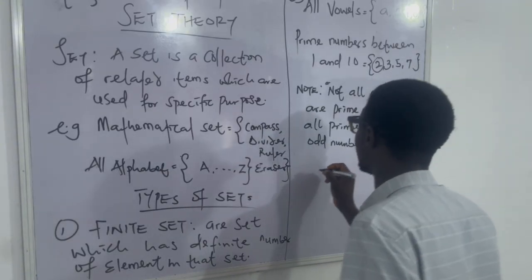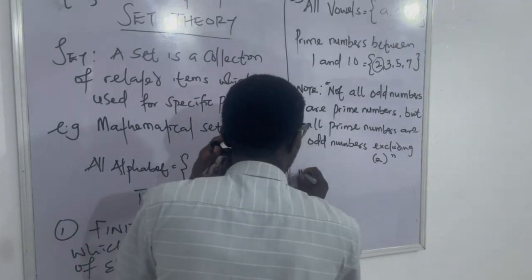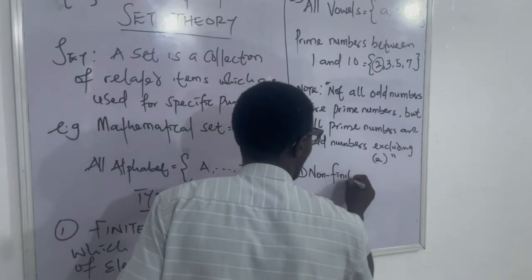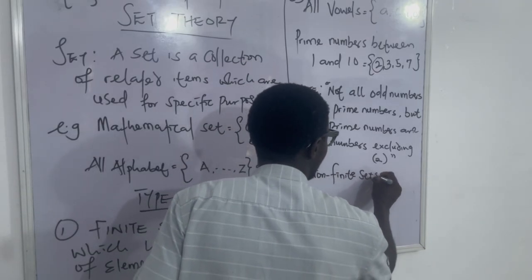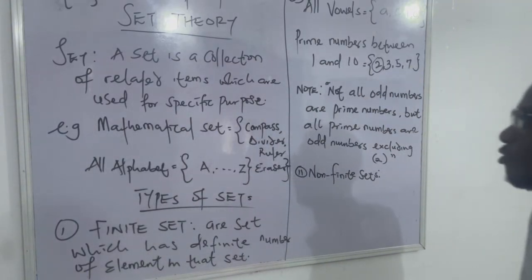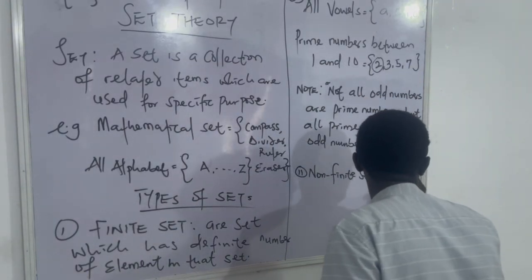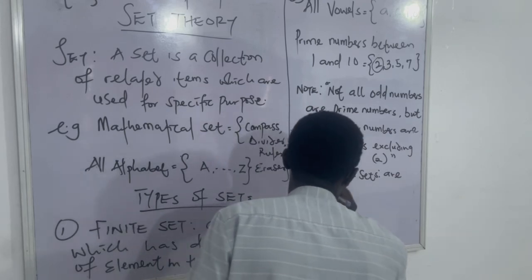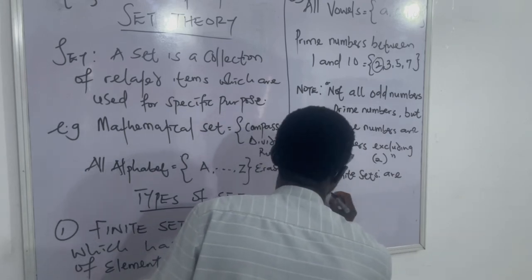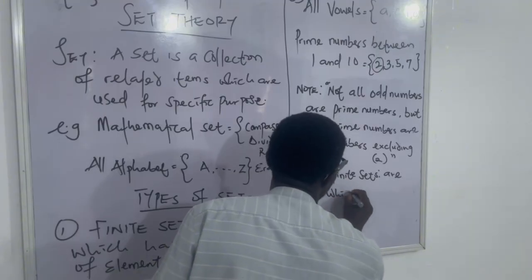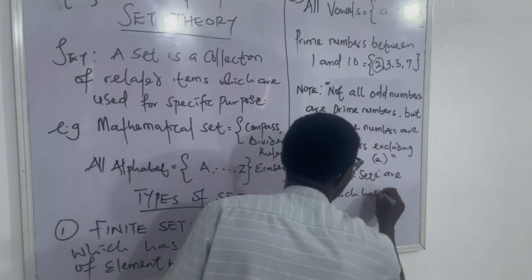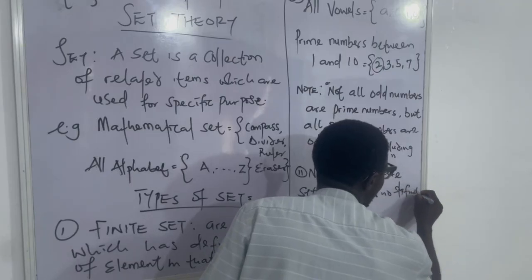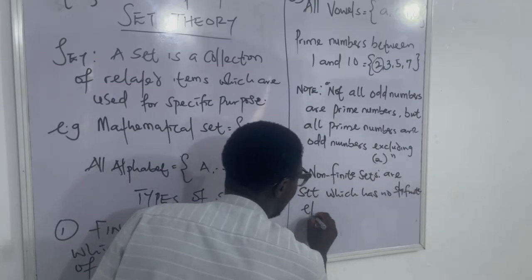Then we are moving to non-finite sets. Non-finite sets are a set of related data which has no definite elements.